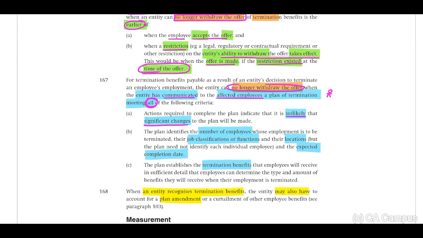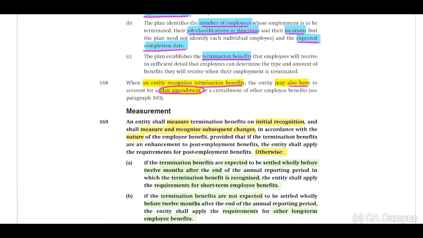The plan identifies a number of employees, job classification and functions, location, and the expected completion date. The plan establishes the termination benefits that the employees will receive. And 168, an entity recognizes the termination benefits. The entity may also have to account for plan amendments. Guys, luckily no plan amendments here because they've indicated to us the recognition of the measurement as well.